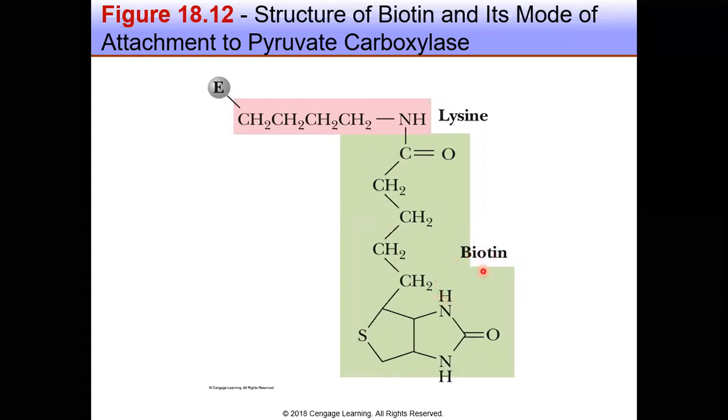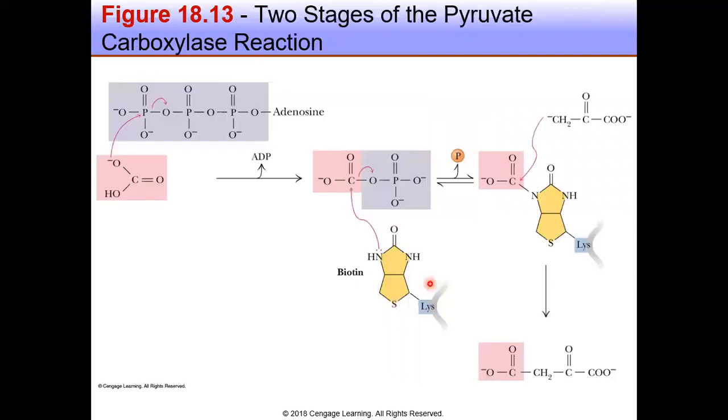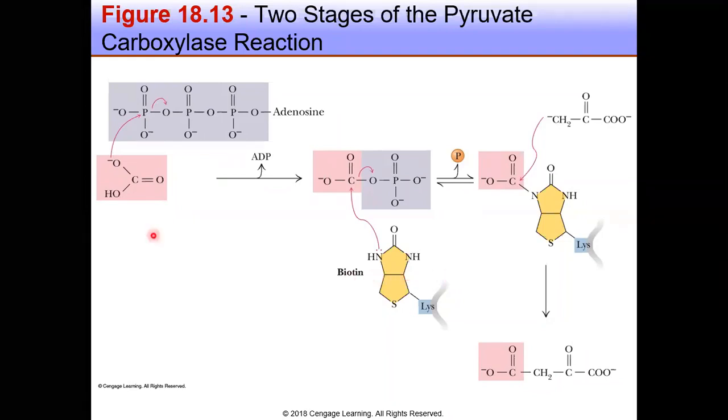Now the CO2 is attached to the biotin, which in turn is covalently bonded to the enzyme, and then the CO2 is shifted to pyruvate to form oxaloacetate, as we see in this mechanism. Note that ATP is required for this reaction. So here you can see the mechanism.